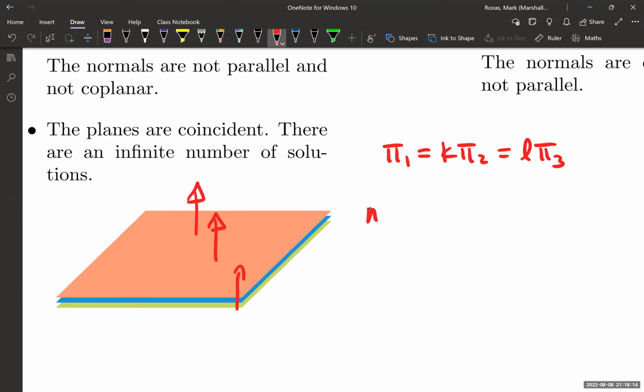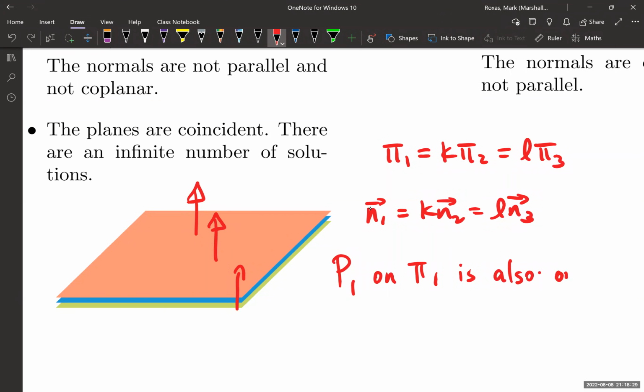So n1 is equal to a scalar multiple of n2, which is equal to a scalar multiple of n3. And any point on the first plane is also on the second plane and also on the third plane.